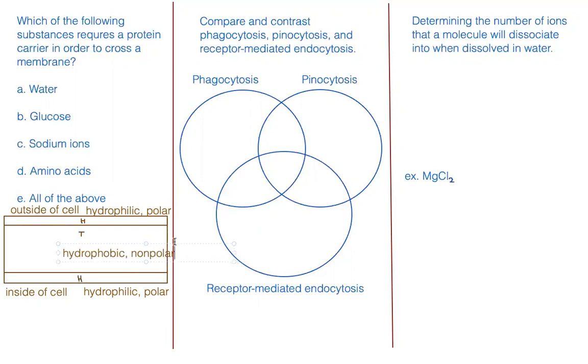Now let's go back to the question. The next thing it asks about is a protein carrier. These are typically something like an integral protein, something like a channel to let molecules in. The next thing we need to know is what types of molecules are able to pass through. What molecules can diffuse through the membrane?